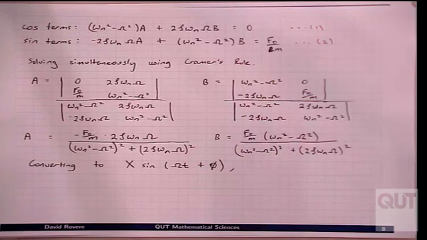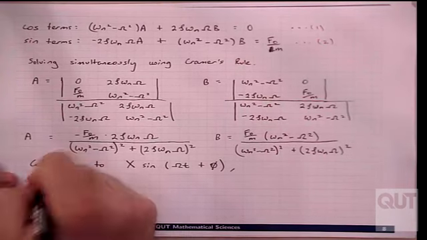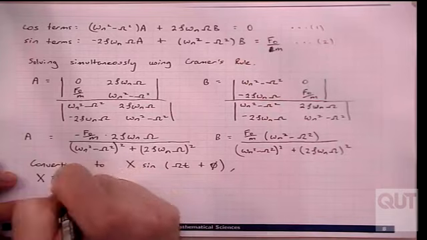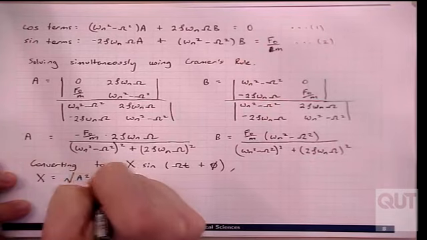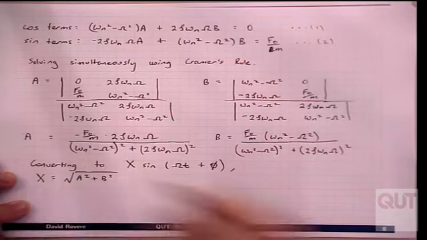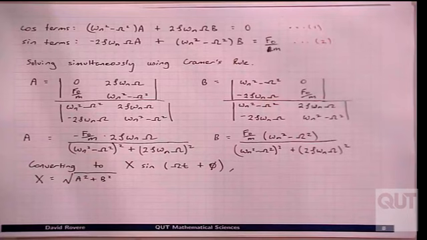Remember, we can get x, the amplitude of this sine function, through Pythagoras' theorem. Square root of a squared plus b squared.